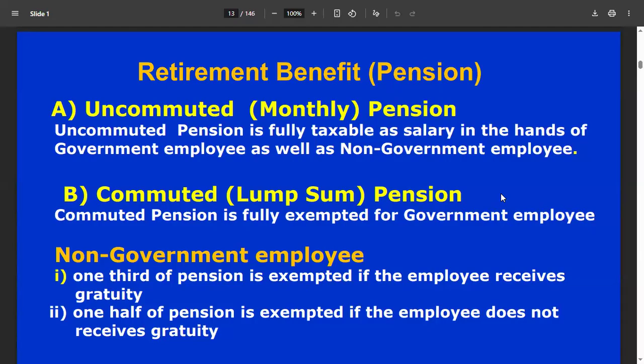But in case of committed pension, it is only exempted for government employees. For non-government employees, one third of pension is exempted when I received gratuity, or one half of pension is exempted when I not received gratuity.